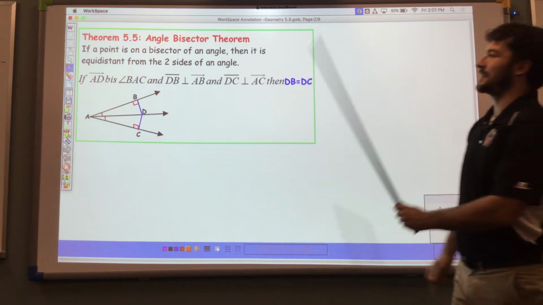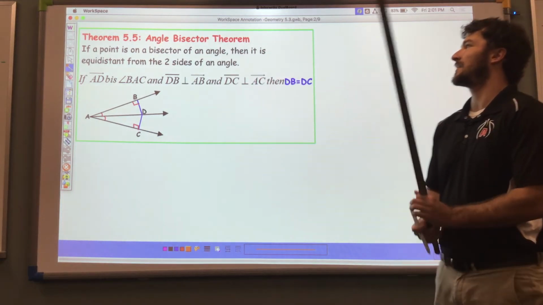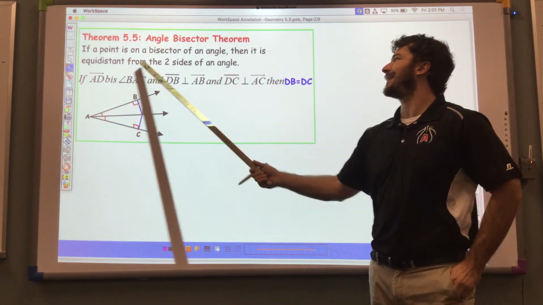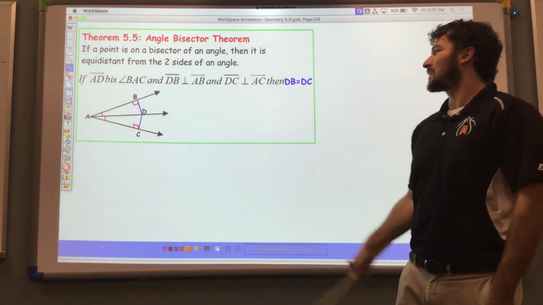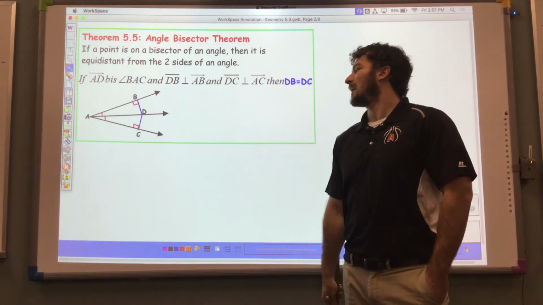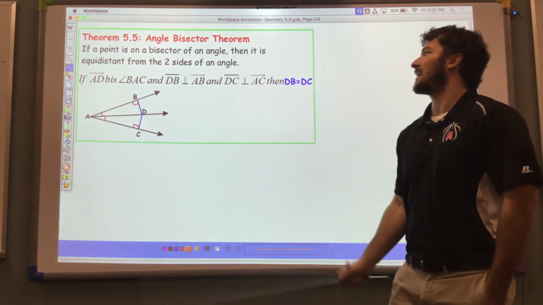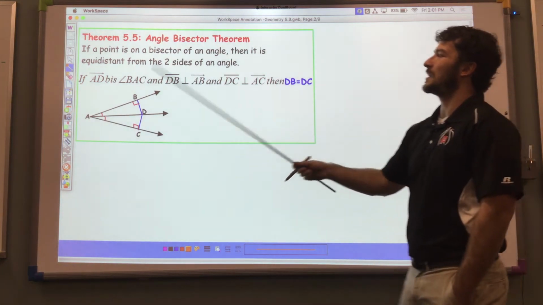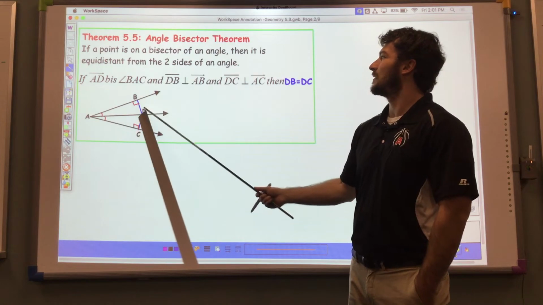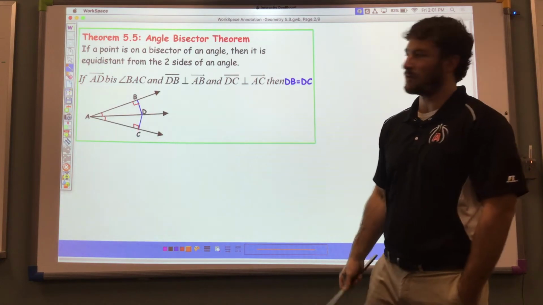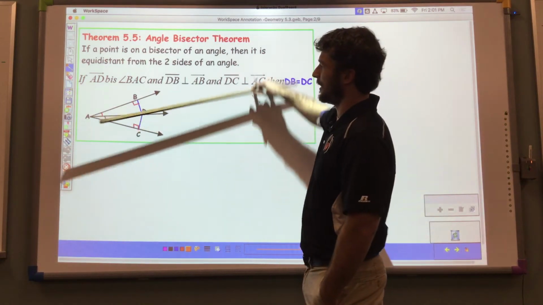So we have an angle bisector theorem, which says if a point is on a bisector of an angle. So here D is on our angle bisector. If that's the case, then it is equidistant, so equal distant from the two sides of the angle, or the two rays that make up that angle.